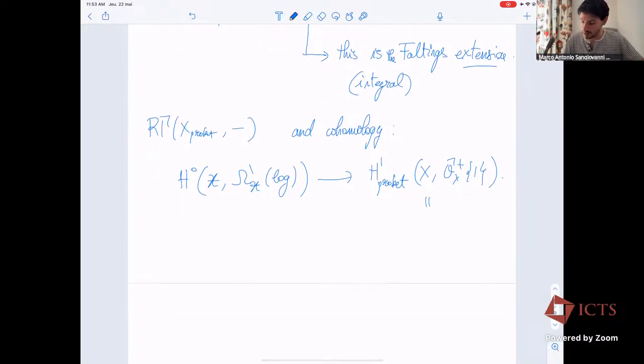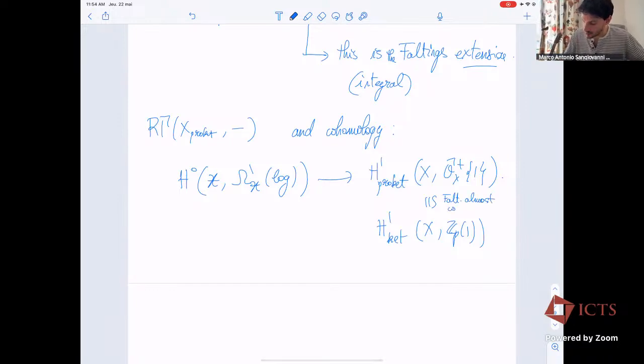But this is the same thing as the Kummer étale cohomology of X with Z_p(1) coefficients. So this is Faltings' almost primitive comparison theorem. Going from the étale cohomology of O_X hat plus to étale cohomology is the key point.